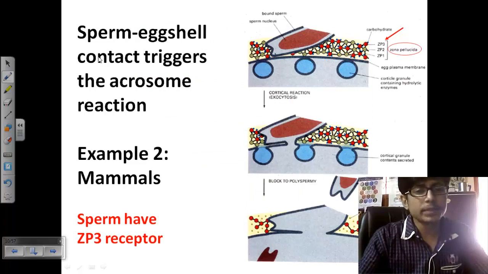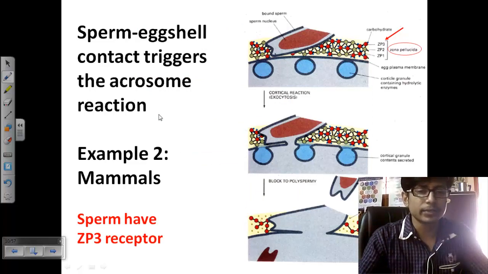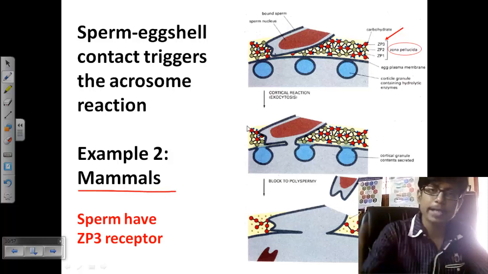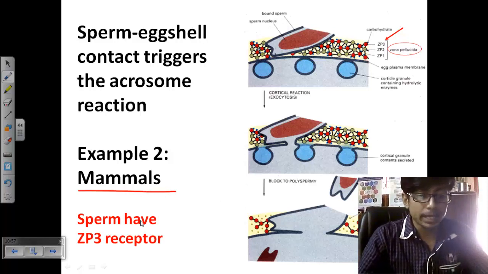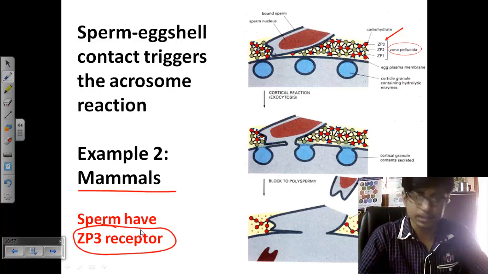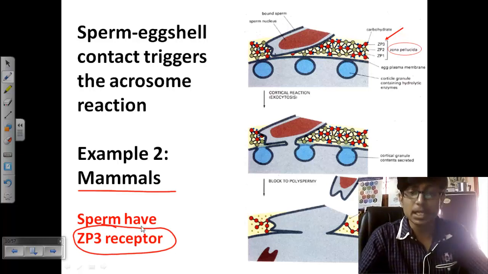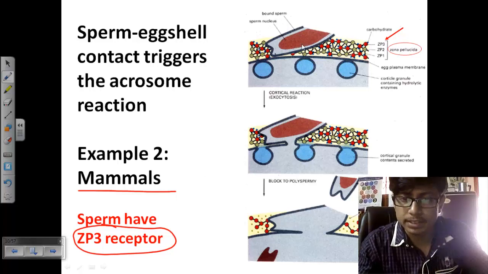This is another case where the egg's zona pellucida content triggers the acrosome reaction, and this is an example for mammals, because in mammals we don't have that binding molecule and binding receptor. Instead, we have the ZP3 receptor. Sperms have those ZP3 receptors, and in the zona pellucida we have molecules called ZP3, ZP2 and ZP1.